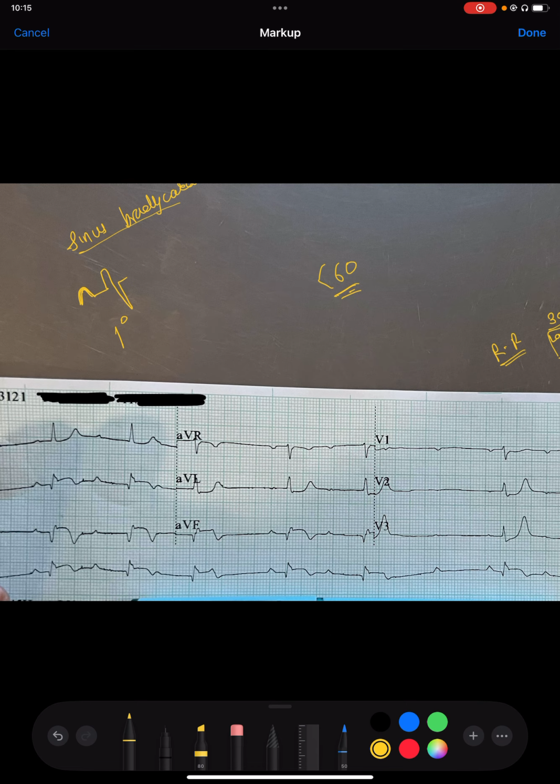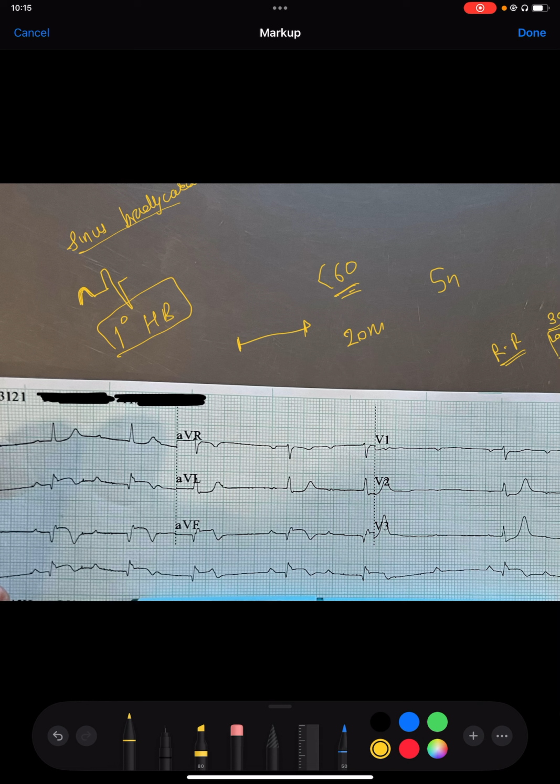Same way we can have first degree heart block, where the heart rate can be less and the PR distance is usually more than 200 milliseconds, or five small boxes. So that is the first degree heart block.